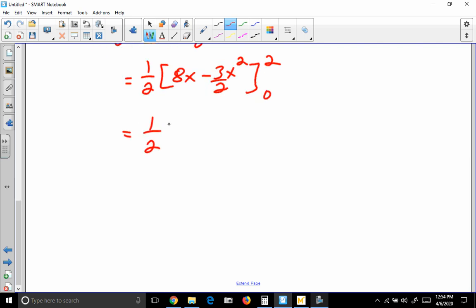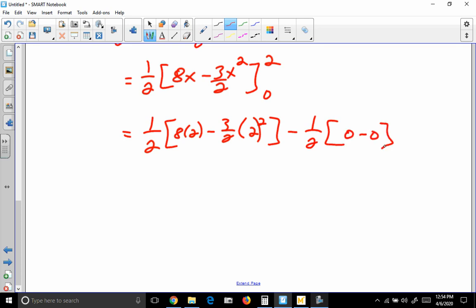So to evaluate that from 0 to 2, we put a 2 in, so 8 times 2 minus 3/2 times 2 squared, and then we plug a 0 in, and when we plug a 0 in, we get 0 minus 0, so that's gone.